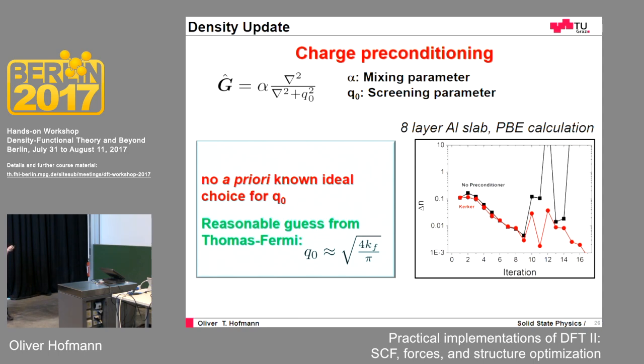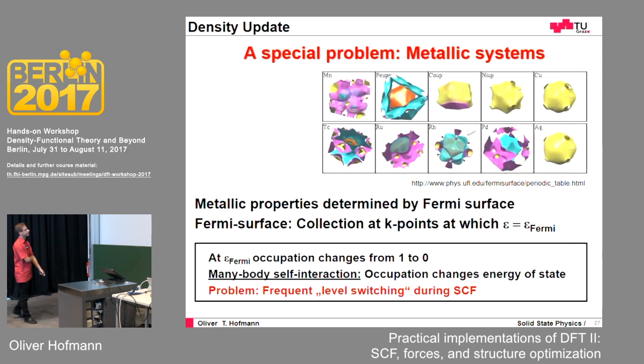This is again the electron density as a function of the iterations, with and without preconditioner. And what you can see here is that some iteration first starts to converge very nicely and then suddenly starts to slosh back and forth if you don't have a preconditioner. With the preconditioner, the long-range oscillation is damped, and it's damped sufficiently such that eventually we find convergence.